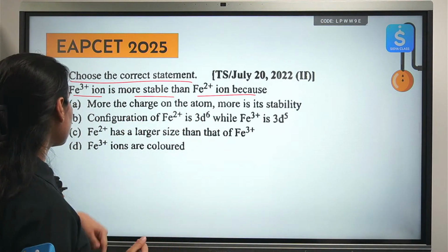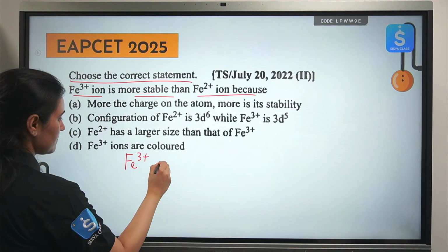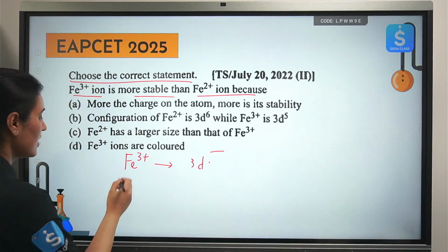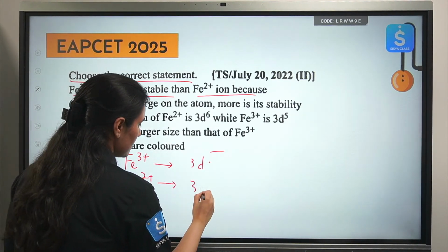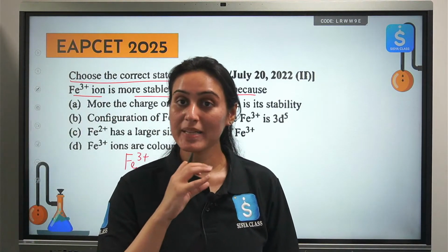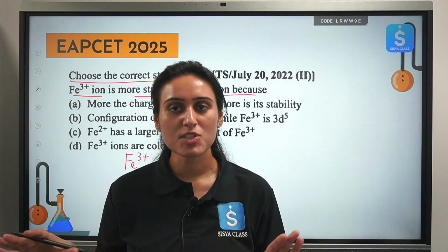So why are we saying that Fe3+ is more stable? See the electronic configuration. Fe3+ is 3d5, Fe2+ is 3d6. Whenever we have half filled or completely filled d orbital configuration, it will show exceptional stability.